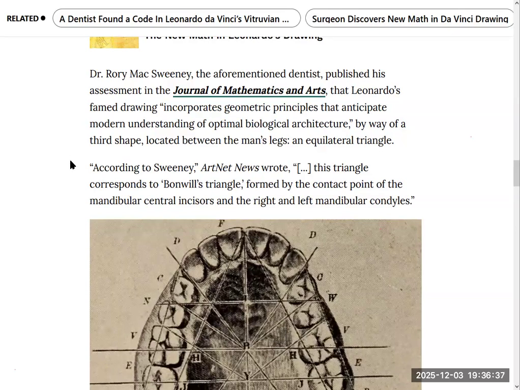According to McSweeney, ArtNet News wrote, this triangle corresponds to Bonwill's triangle, formed by the contact points of the mandibular central incisors and the right and left mandibular condyles.